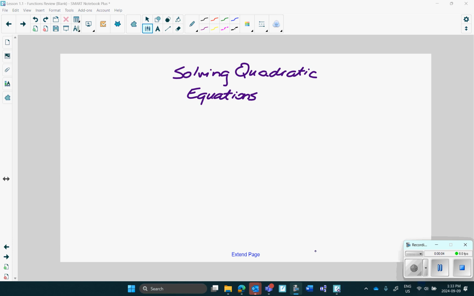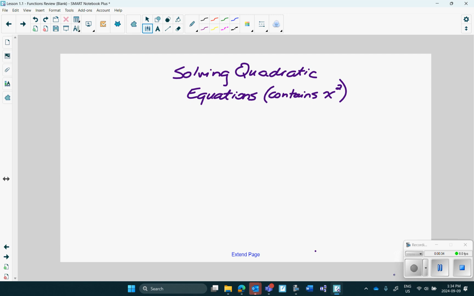How can you tell if an equation is quadratic? It's got an x squared in it. And there were three main ways to solve these things, depending on what the original quadratic equation looked like.